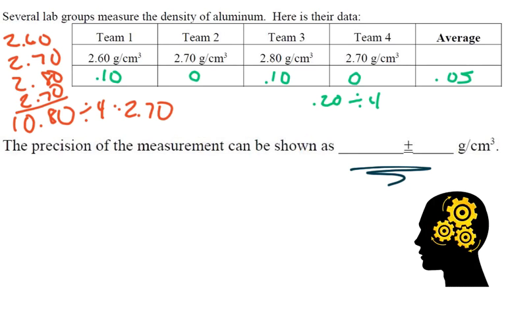So my average is 2.70, and my average deviation is 0.05, so I write it down that way: 2.70 plus or minus 0.05. The smaller this number is, the more precise, because the closer my values are to each other, and that's precision.